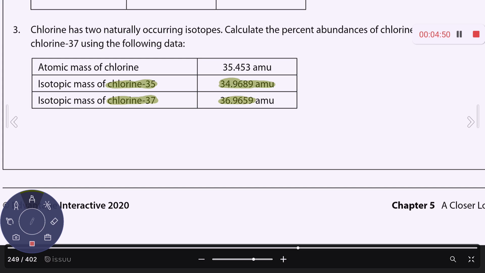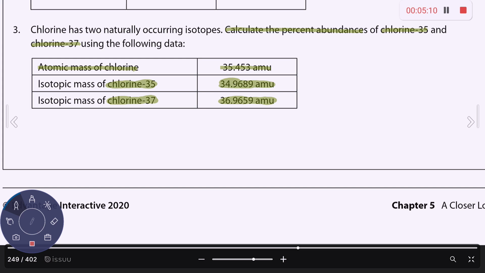They give us the corresponding masses and want us to calculate the percent abundances for chlorine-35 and chlorine-37 using the data. Then they gave me the average atomic mass for chlorine, which we need to use.